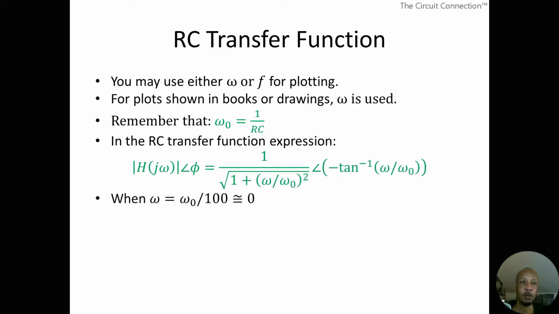When W equals W0 divided by 100, you're at the low end of the spectrum there. Maybe I shouldn't say you're close to zero, because it depends on your values, which may be different.